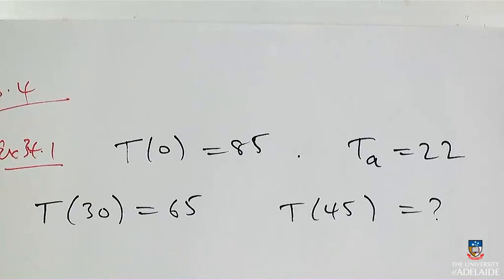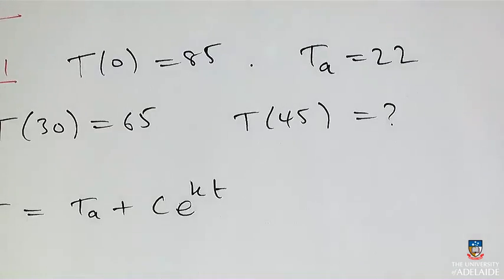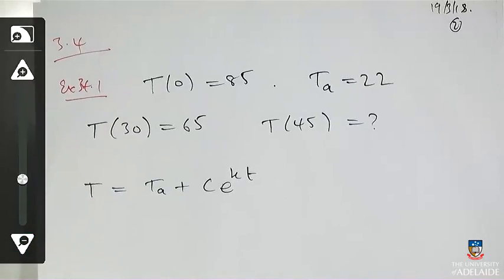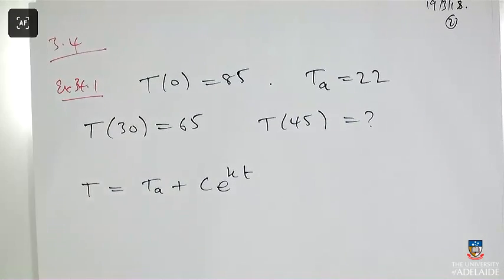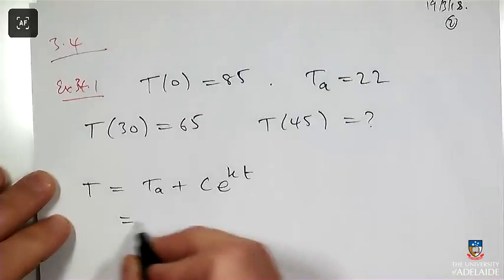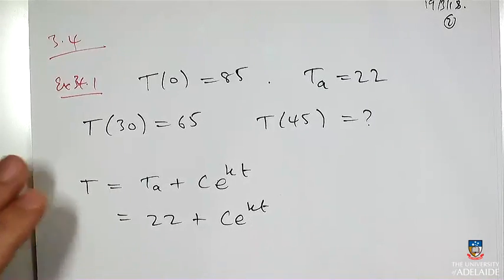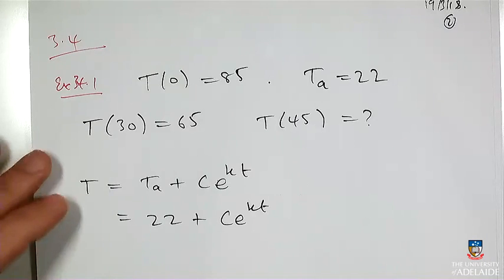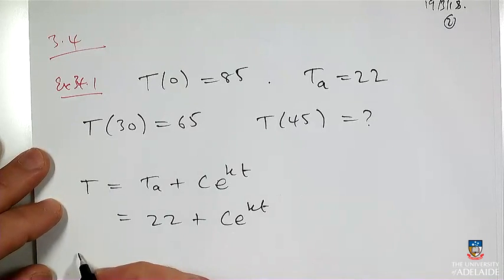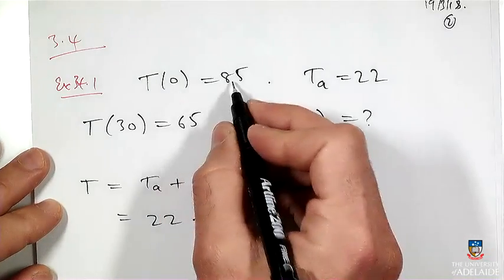Let's write down what we know. There's the solution. Sorry. This is 22 plus C e to the kt. Now what we know is that if we put a 0 in, we should get 85.